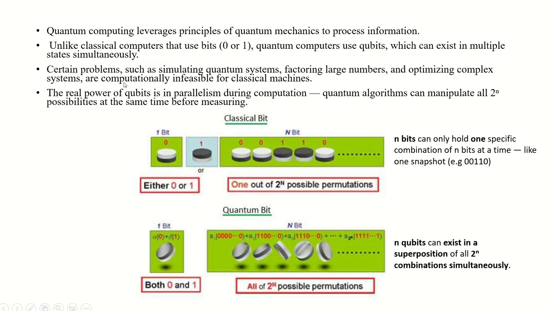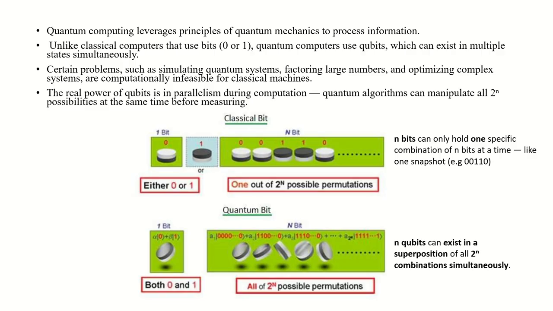As I said, the real power of qubits is in parallelism during computation. That means these 2^n possible permutations exist simultaneously before measurement. Before measurement, during computation, all of these 2^n possible permutations are seen at the same time.